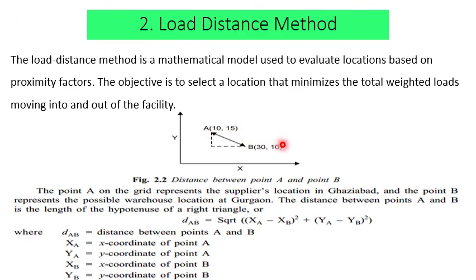In order to calculate the distance between 2 points, we just take the difference between x and square it, plus the difference between y squared, all under a square root. So we get the distance between the two. If there are some more points, we can calculate like this. And ultimately we choose the closest location.